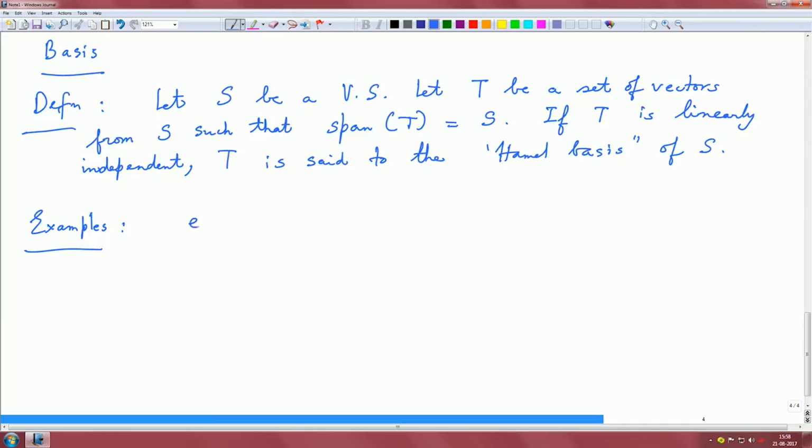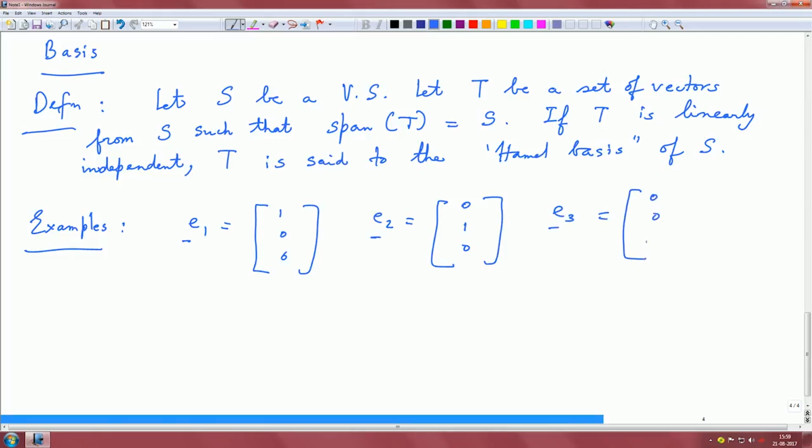So, if you think of the natural basis, for example 1 0 0, 0 1 0, and then 0 0 1, this is basically a natural basis in R3. Okay.